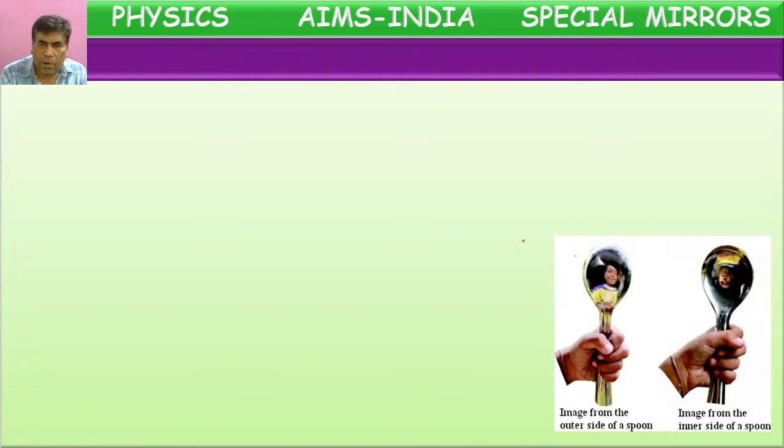If you take the example of a spoon in a kitchen, if you look at your image through the outer side of the silver spoon, your image will be one way. If you look from the inner side of the spoon, the image will be different.